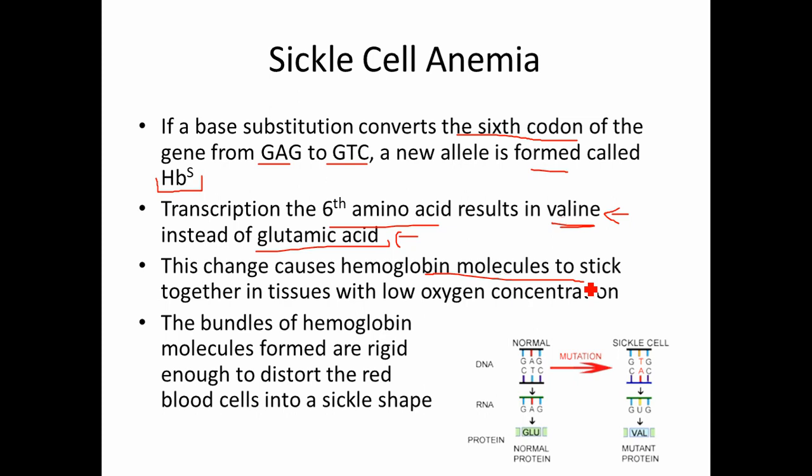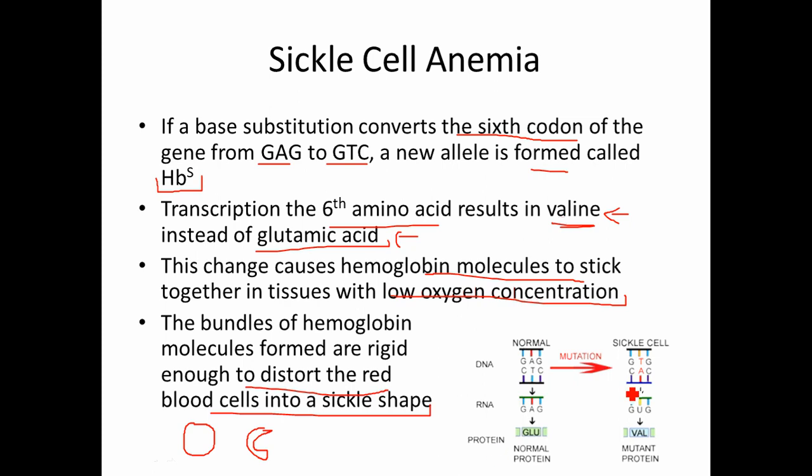They especially stick together in tissues with low oxygen concentration. The bundles of hemoglobin molecules formed are rigid enough to distort the red blood cells into a sickle shape. So instead of a nice round shape, they have this sickle or crescent moon shape, hence the name sickle cell anemia.